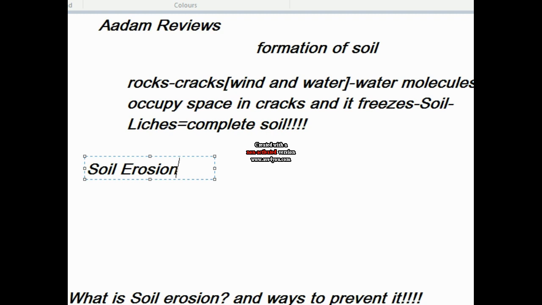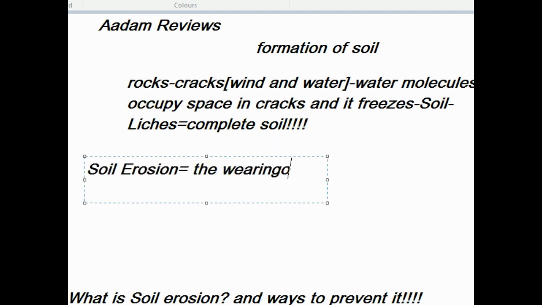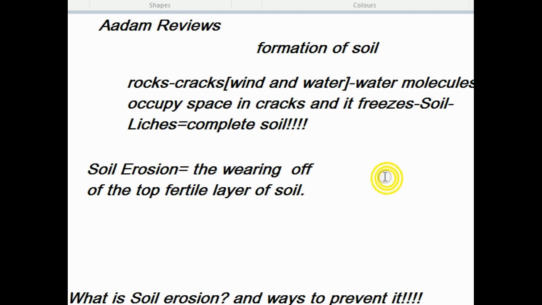Soil erosion, the wearing away of the fertile layer of soil. Now let's learn some factors of soil erosion.